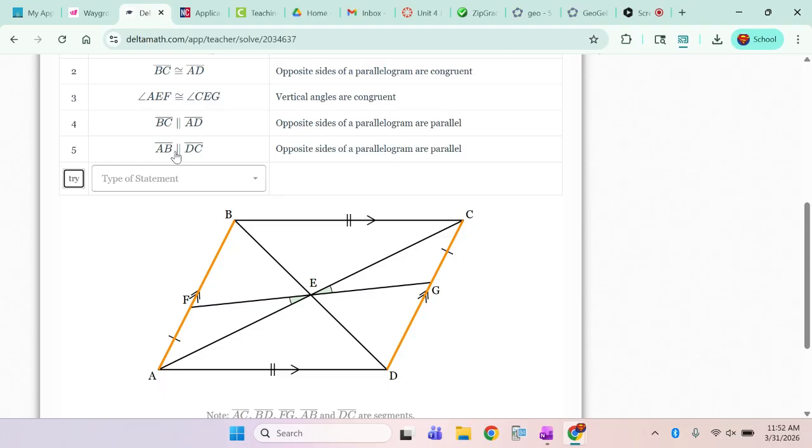You're close. Is it just in a different order? Those are alternate interior angles if the transversal is BD. I'm looking for the transversal AC. Come on, guys. BE? Not quite.